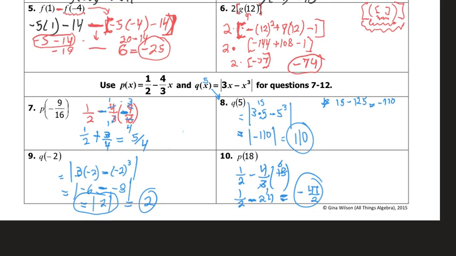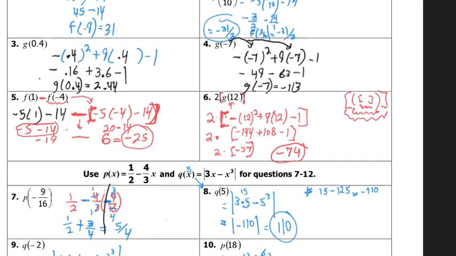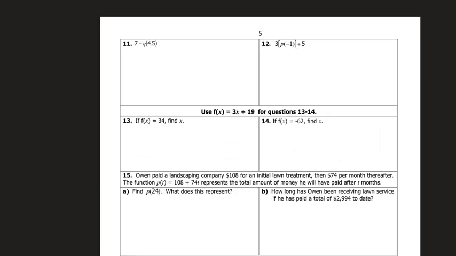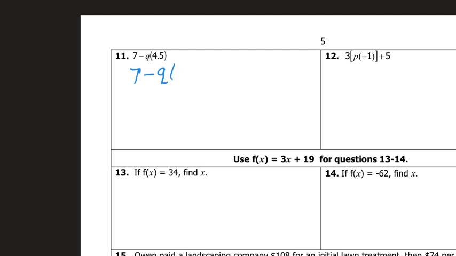Is it the 3x minus x cubed? Go back here and look at it. What was the p looking like? Again, half minus 4/3 x. This page? No. 7 minus q of something. 7 minus q. 7 minus q. Let's put the 4.5 into the q.